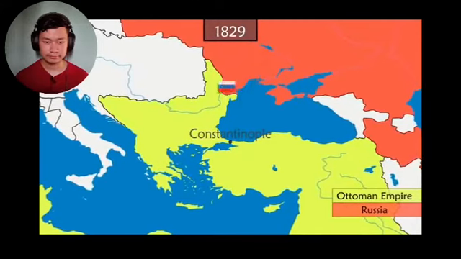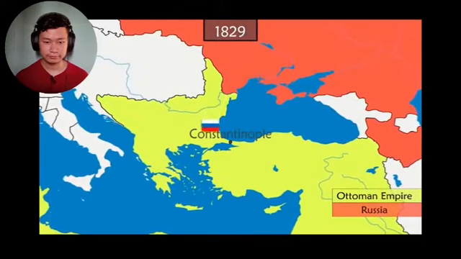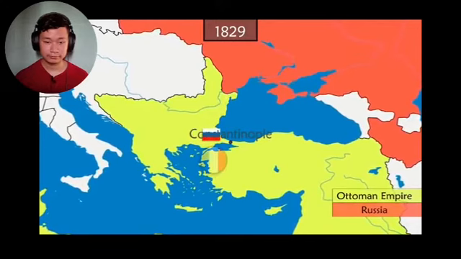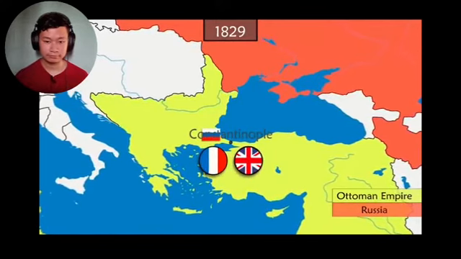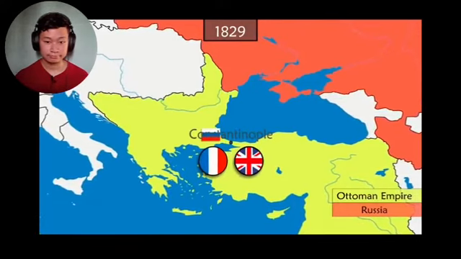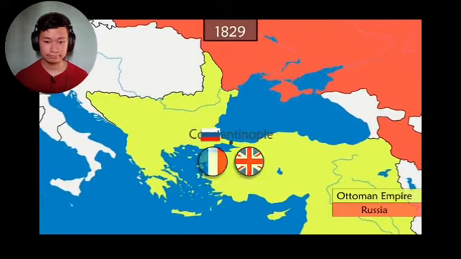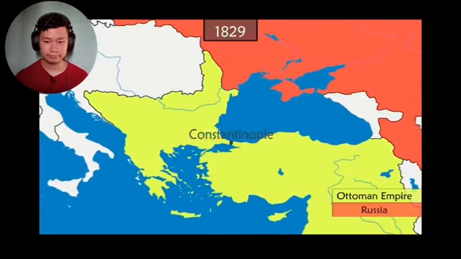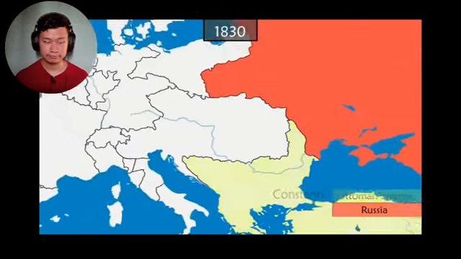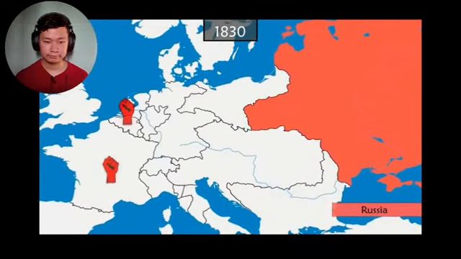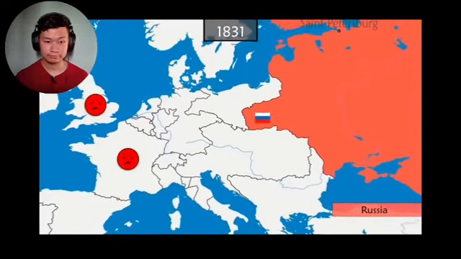The Russian army is getting dangerously close to Constantinople, but Nicholas I knows that France, and especially the United Kingdom, are not happy with the rise of Russian power and would not let the capital be taken. After the signing of a peace treaty, Russia consolidates its presence on the Black Sea. In 1830, several revolutions break out in Europe, including in Poland, where the Russian army intervenes violently, provoking discontent on the continent.